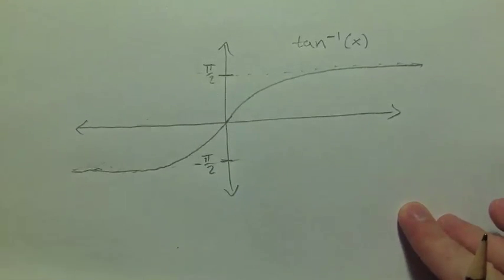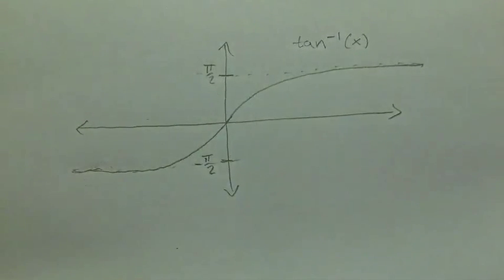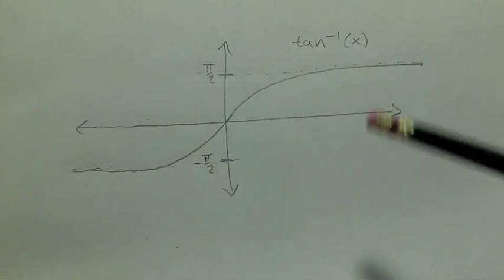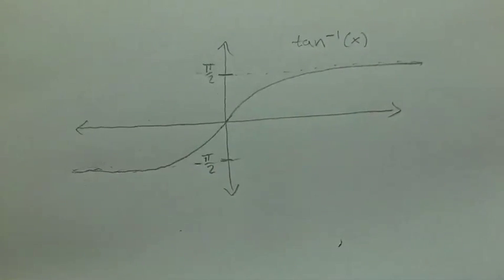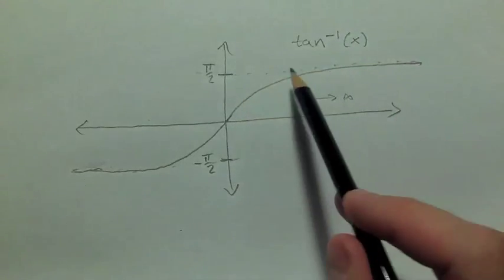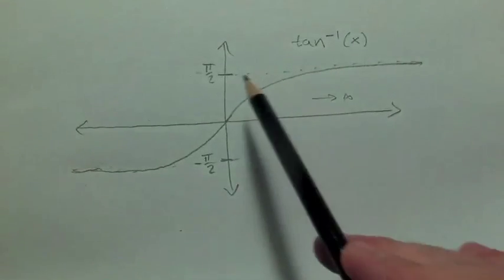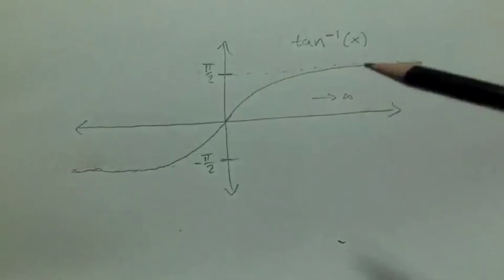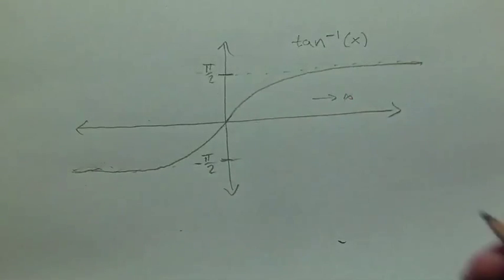An example of a function that has two different asymptotes, one on each side, is tan inverse, or arctan. As x goes to the right, tan inverse gets closer and closer to pi over 2, while on the left it goes to negative pi over 2.